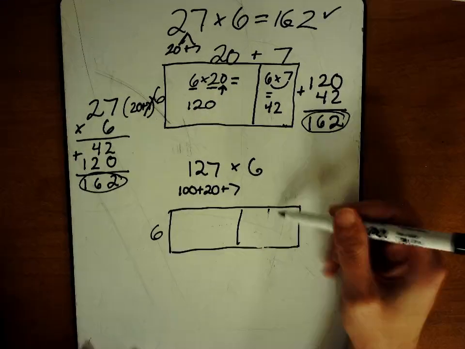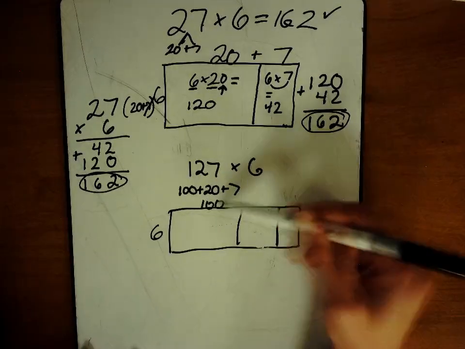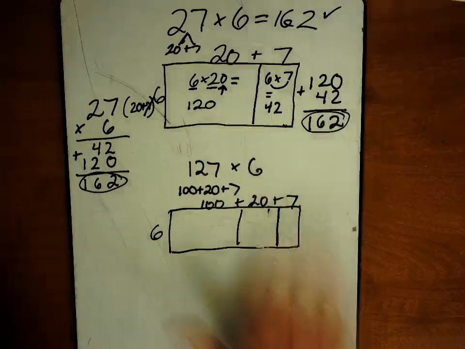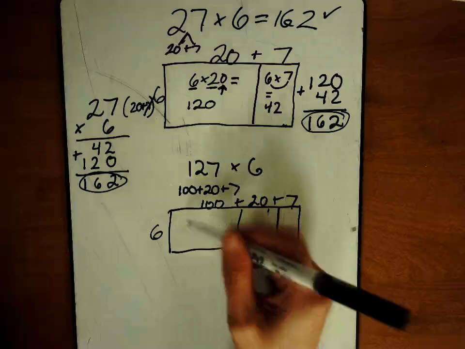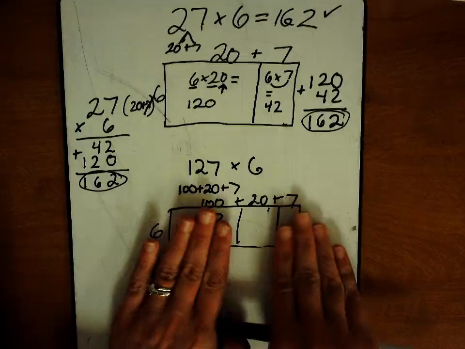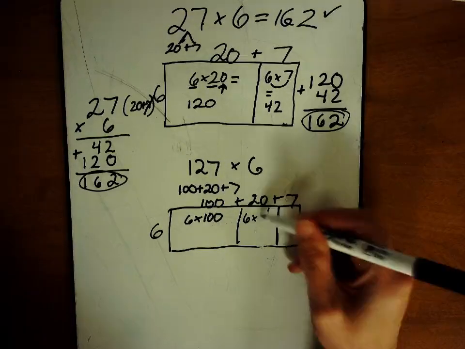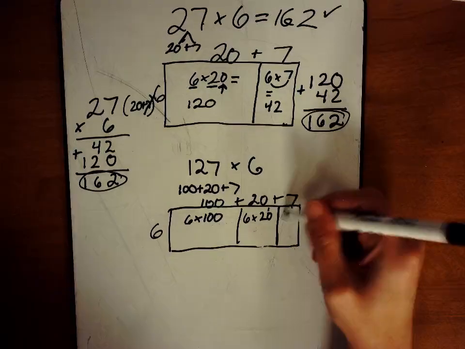I try and make these visually match the numbers as much as possible. So in this area I know 6 times 100, in this area I've got 6 times 20, and then my last box is 6 times 7.